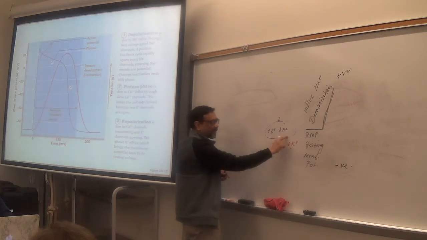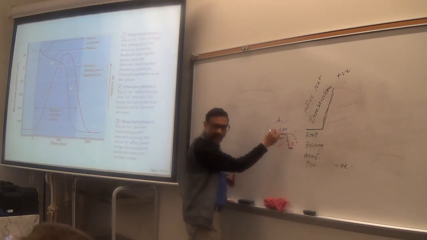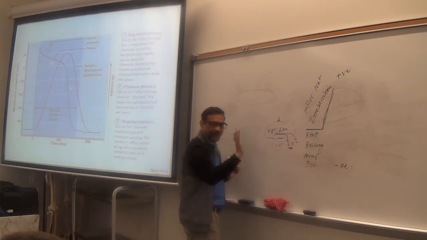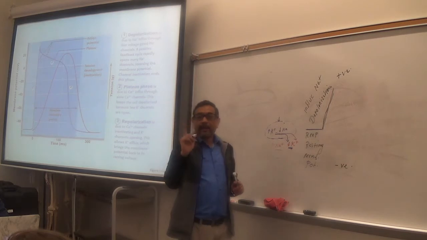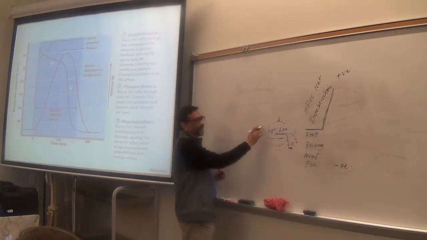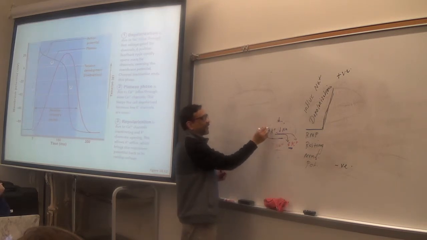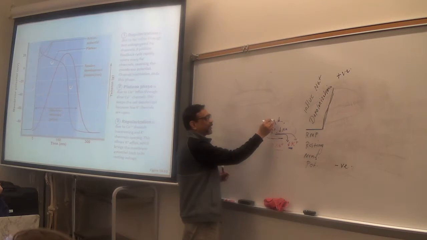So when potassium channels get open, potassium will do what? Get out. Because potassium is low outside, right? High inside. Yes. The potassium will get out. But at the same time, another thing happens. Another type of channels get opened, calcium.